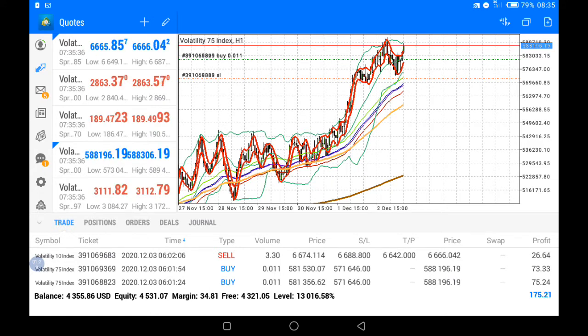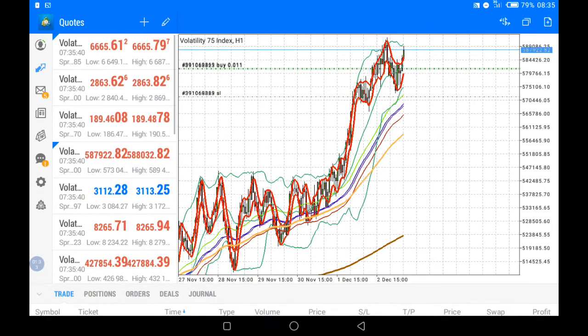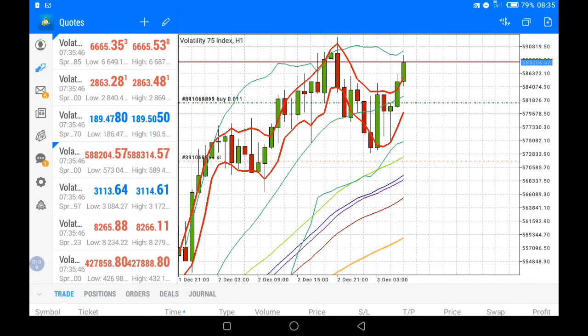All right, so you can see the buy for V75. You can see how it looks. For those of you that have been following me for a while, particularly those that have attended my courses, I talked about candlesticks that give money a whole lot.